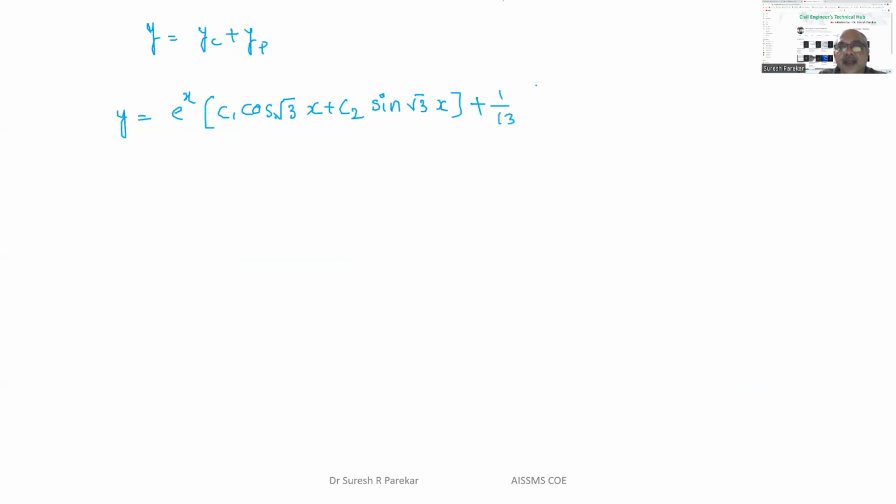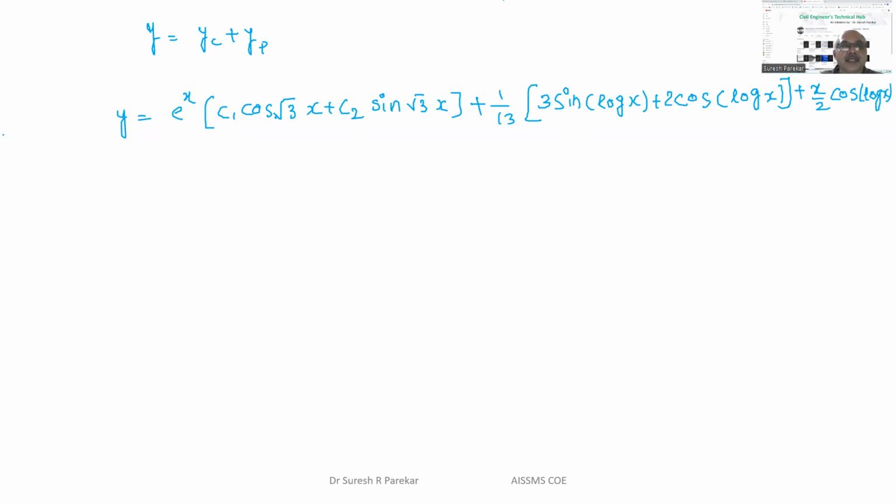1 by 13 in bracket 3 sin of log x plus 2 cos of log x, and the last term plus x by 2 cos of log x.